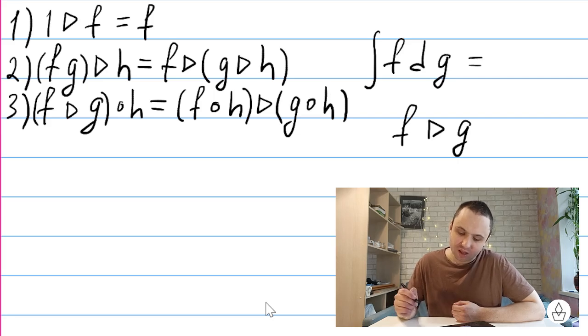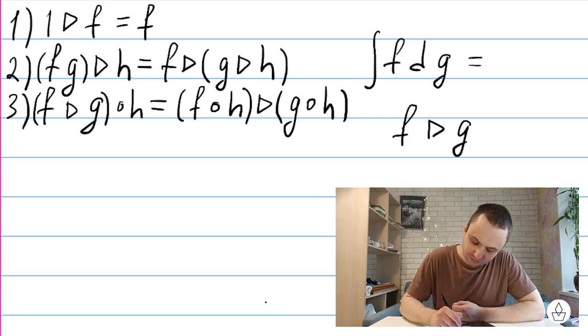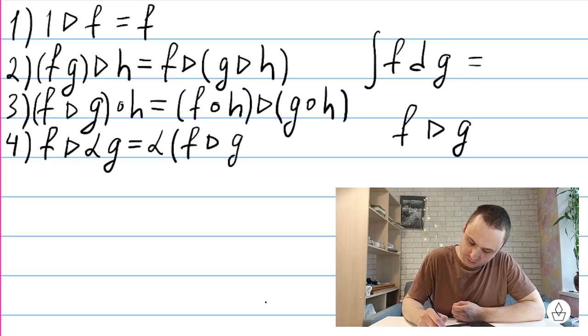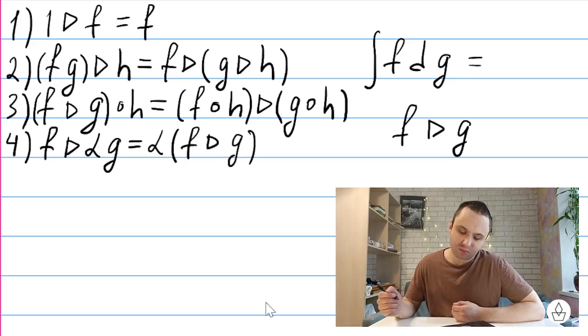The last axiom is that the integral is a bilinear operation. You can read about bilinearity on the internet. I only write out linearity in the second argument, which is what we need today. f integral alpha g is equal to alpha f integral g, where alpha is some number.